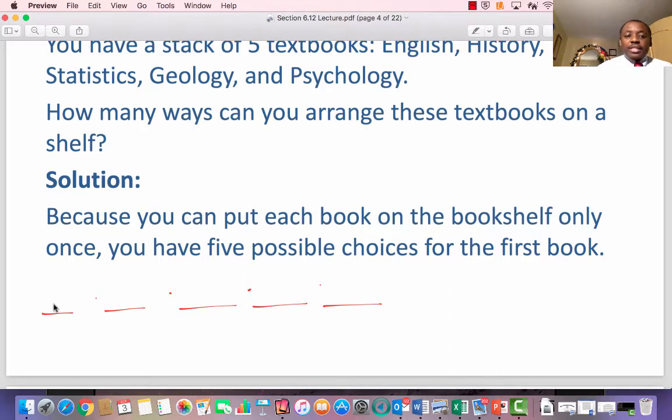In how many ways can you place the first textbook on the shelf? There are 5 textbooks, so there are 5 ways. Once the textbook is placed, you don't take it out. You leave it there. You're left with 4 textbooks, 3 textbooks, 2, and then 1.